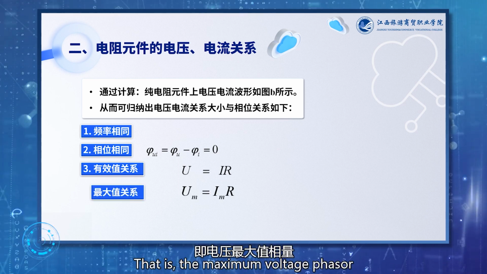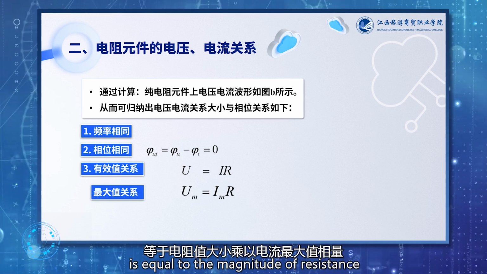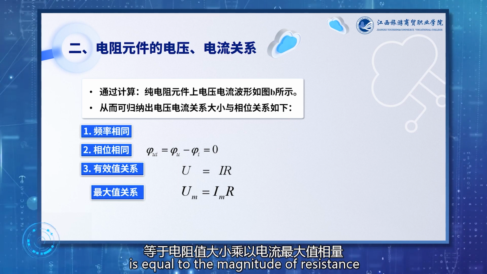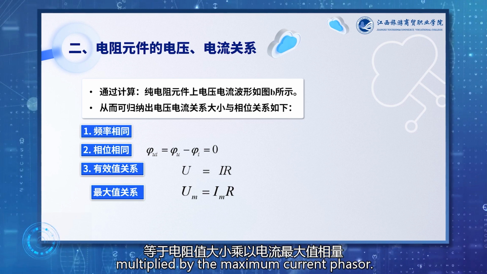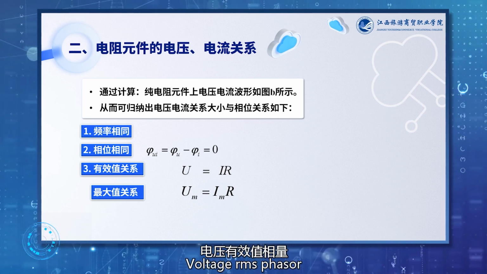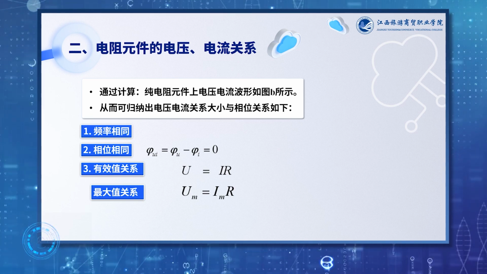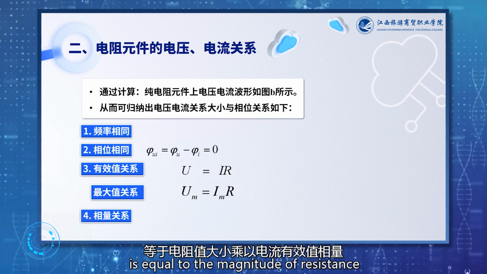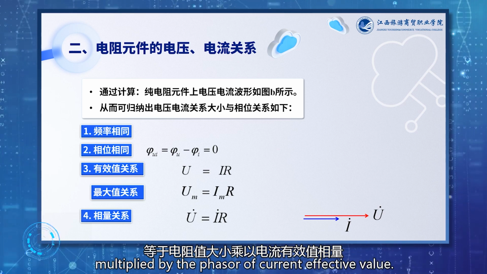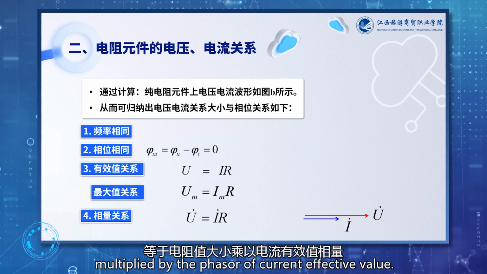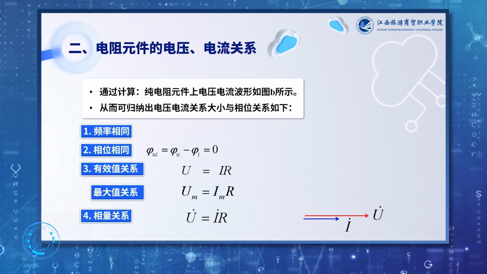The maximum of voltage and current, effective value and phasor are all in line with Ohm's law. That is, the maximum voltage phasor is equal to the resistance multiplied by the maximum current phasor, or the voltage effective value phasor is equal to the resistance multiplied by the phasor of current effective value.